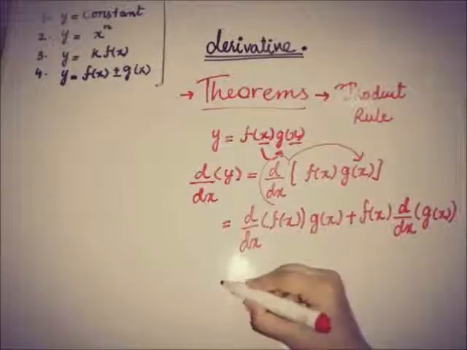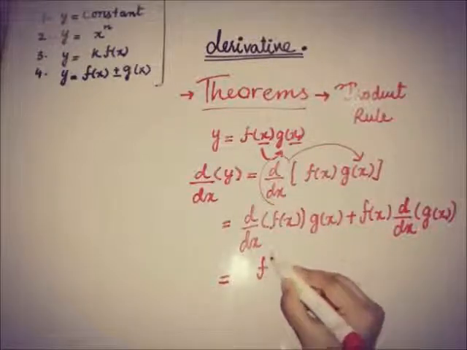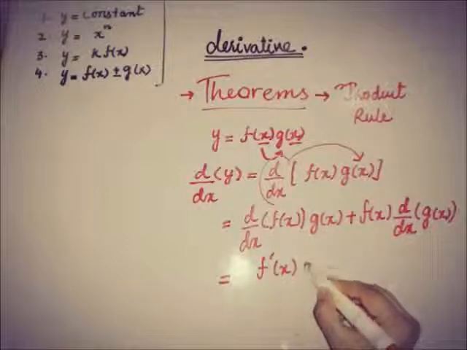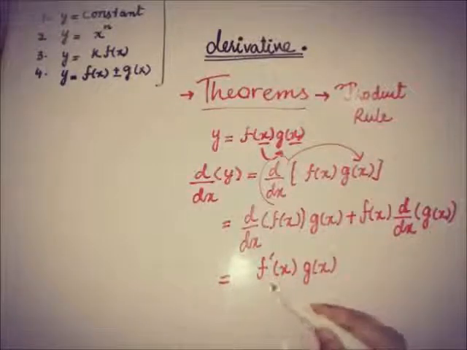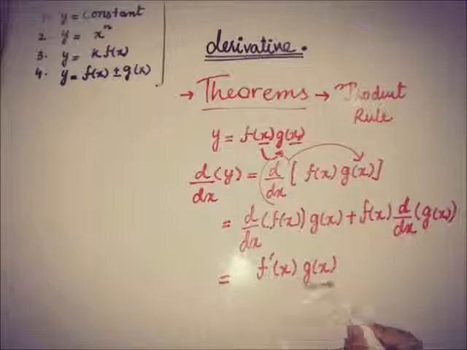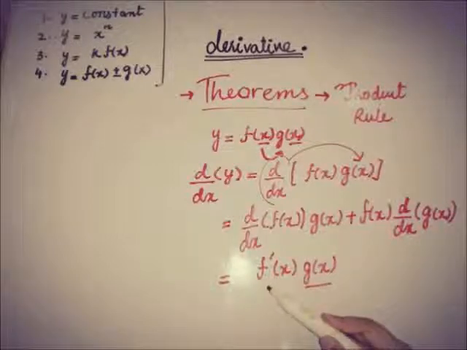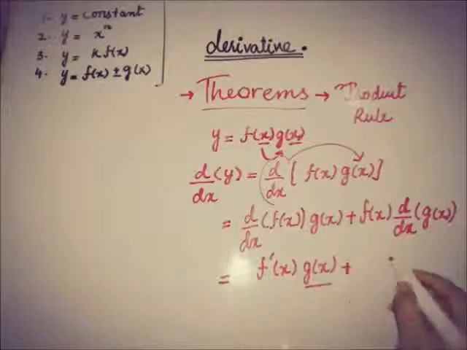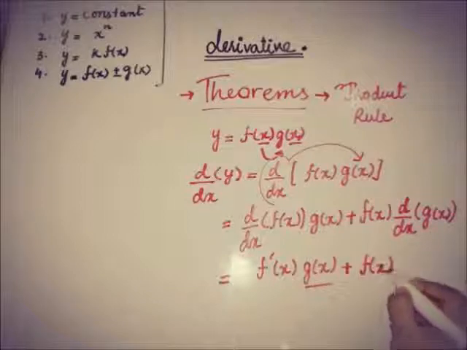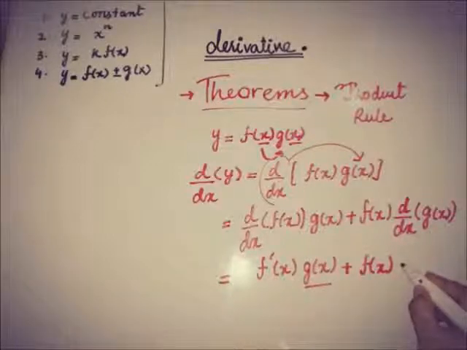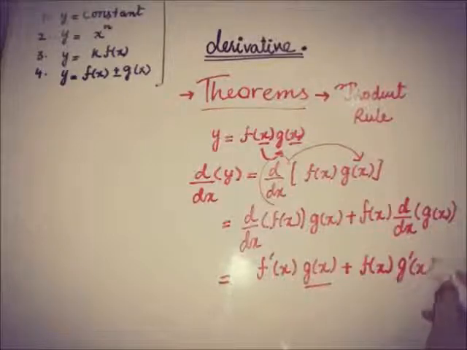We can also write it as the product of the second function and the derivative of the first function plus the product of the first function and the derivative of the second function.